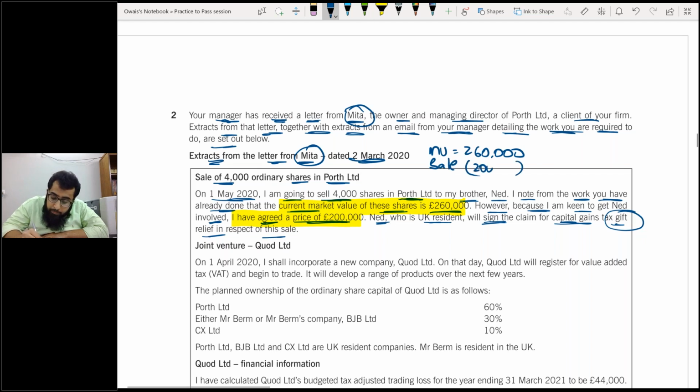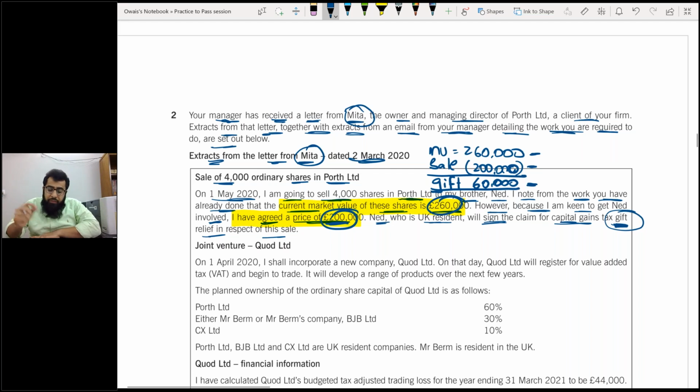This means that there is a gift element of 60,000. The market value is 260, she is selling it to Ned for 200, so there is a gift element of 60,000. Now here it is written that gift relief will be filed in respect of it.